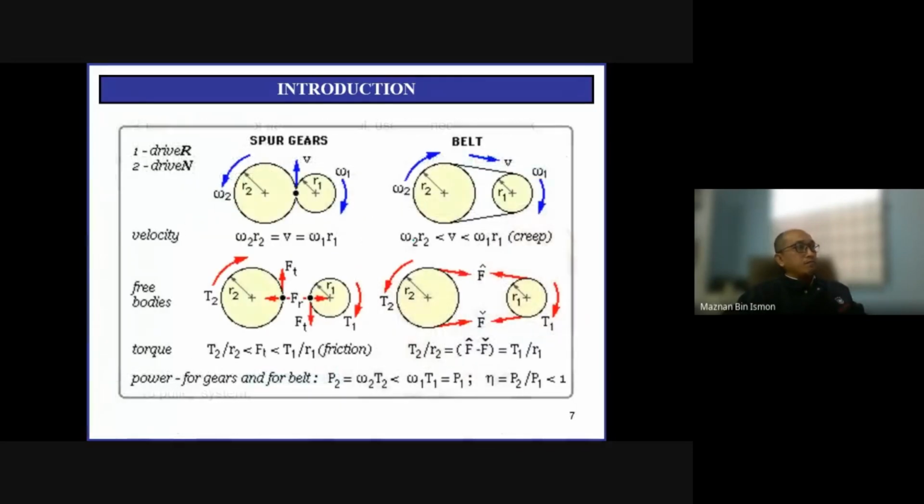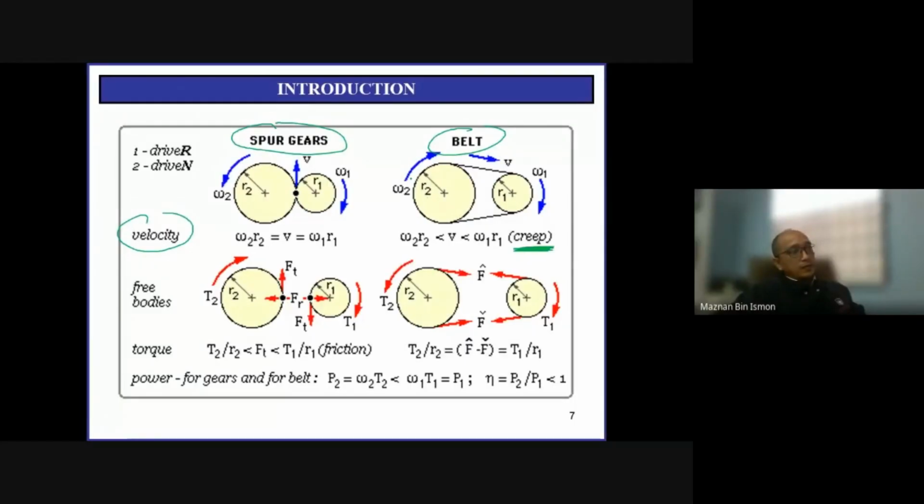Next slide is a comparison between gears and belting. Kalau you tengok dia punya velocity ni, velocity at P compare to the belt over here.